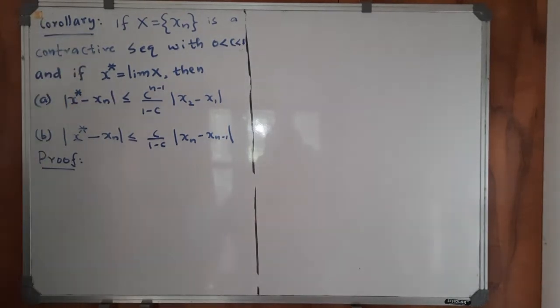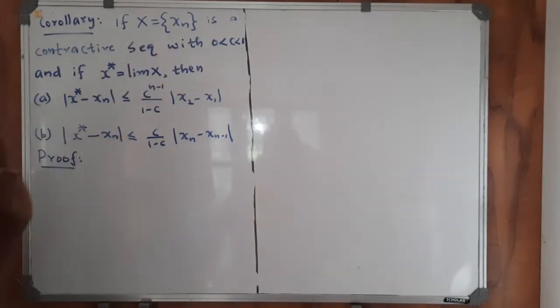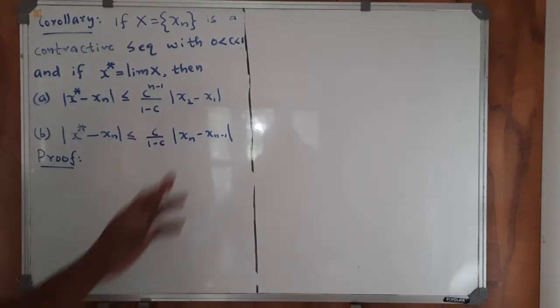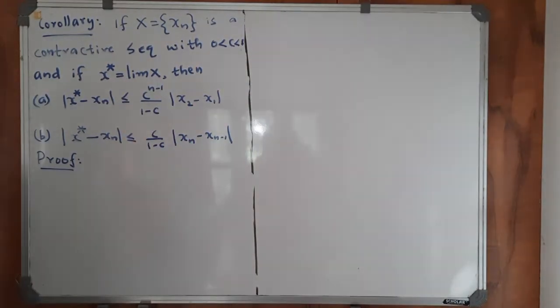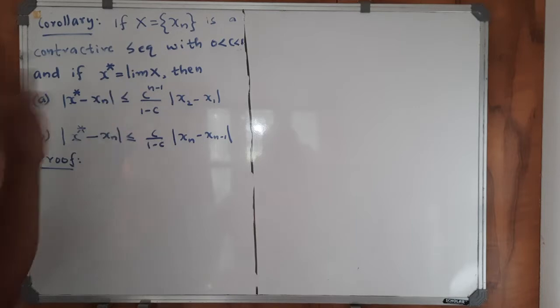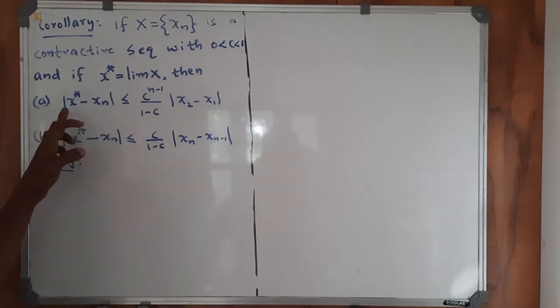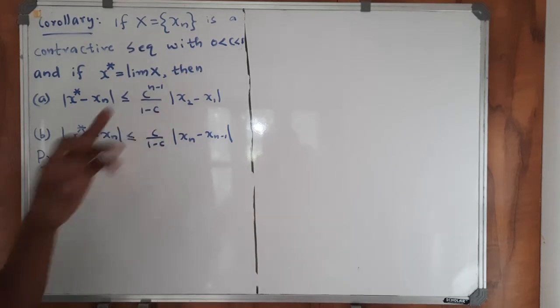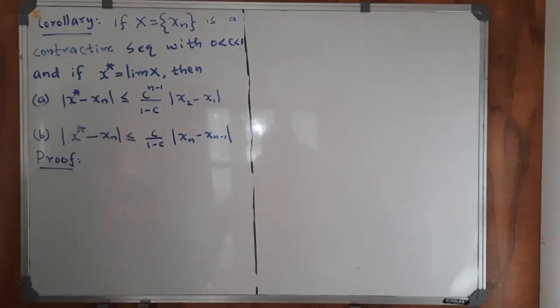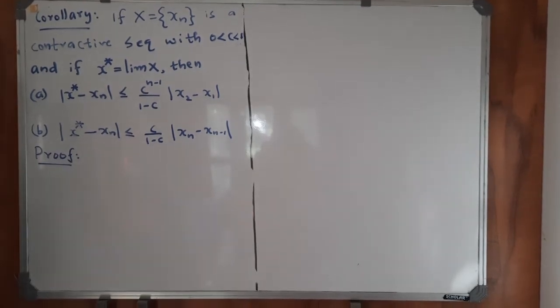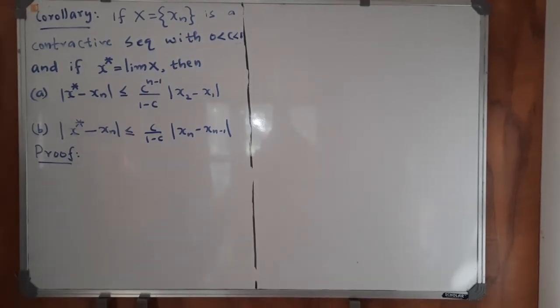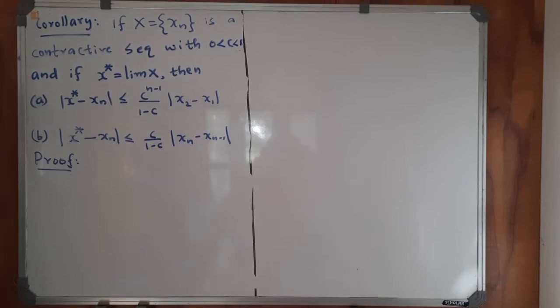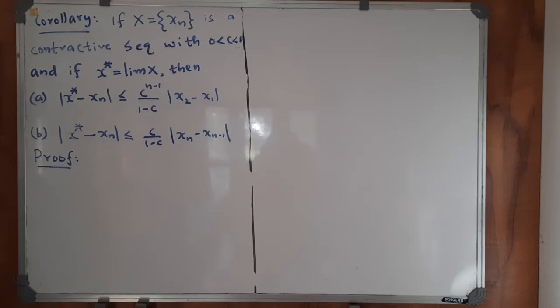So the corollary is, if x equal to sequence xn is a contractive sequence of real numbers with 0 less than c less than 1, and if x star is the limit of the sequence, then modulus of x star minus xn less than or equal to c raised to n minus 1 divided by 1 minus c into modulus of x2 minus x1, and modulus of x star minus xn less than or equal to c divided by 1 minus c into modulus of xn minus xn minus 1.